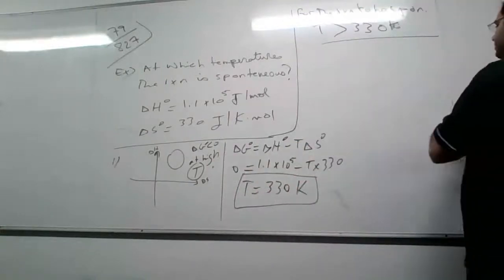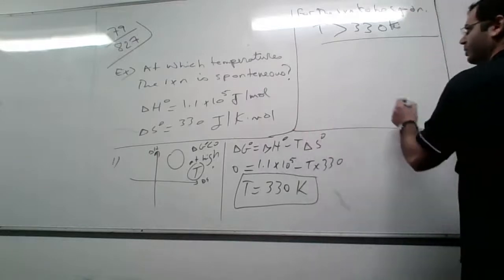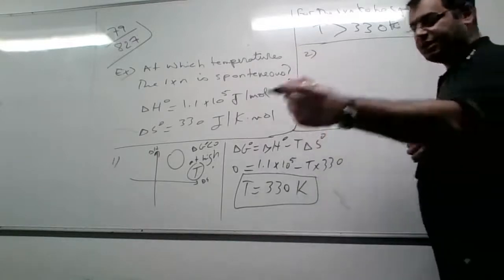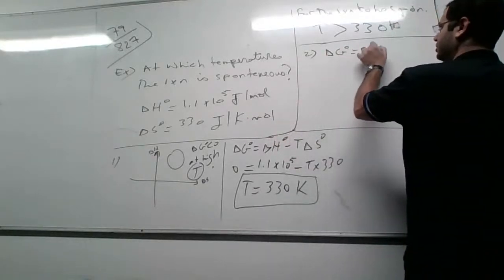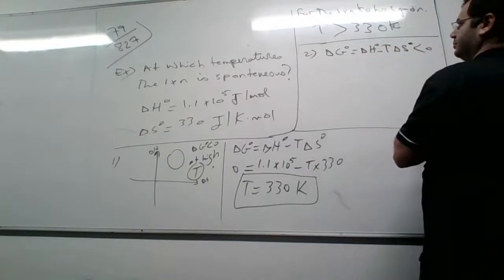The second way is like Faisal suggested. You write delta G naught is equal to delta H naught minus T delta S naught, and this should be negative. You take this part.